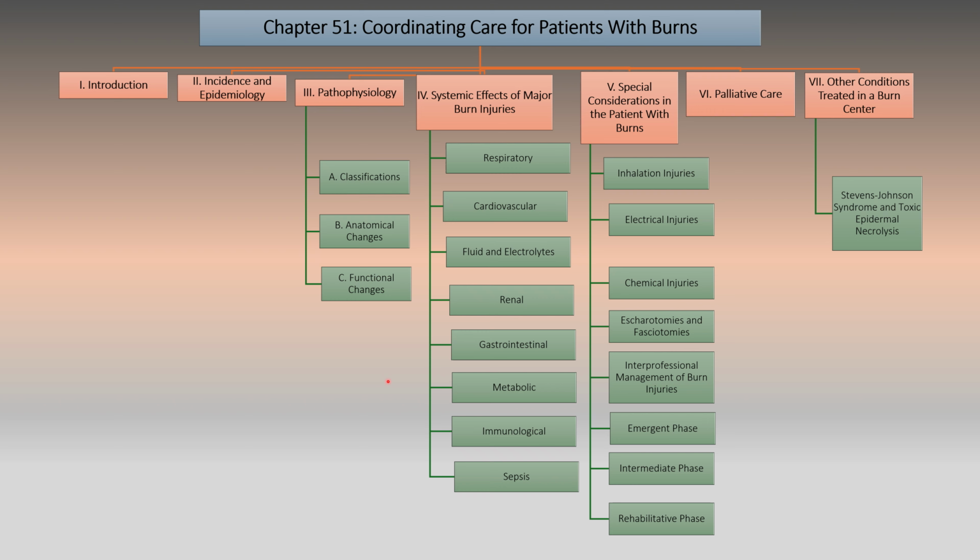Heart rate target is less than 120 beats per minute. The rationale is that tachycardia can indicate persistent hypovolemia or shock. Systolic blood pressure target is greater than 100. The rationale is that it is necessary to maintain adequate tissue perfusion.